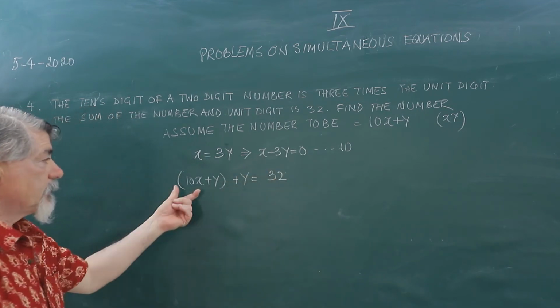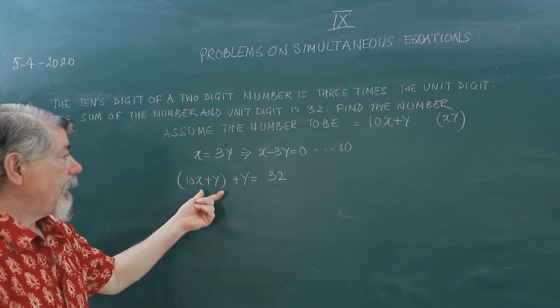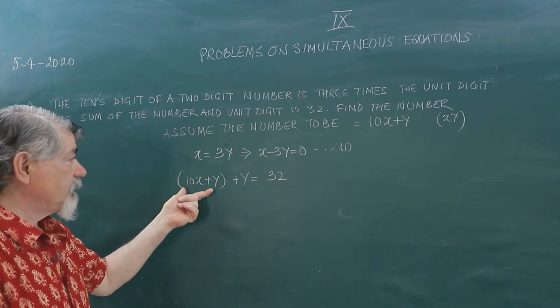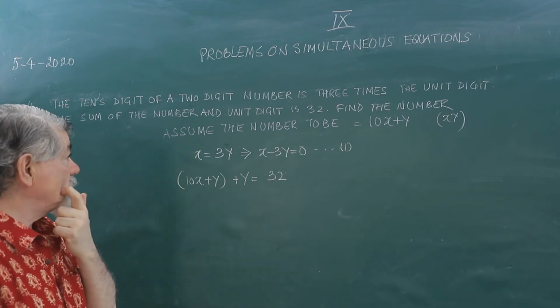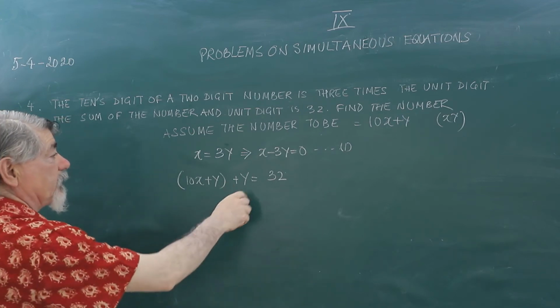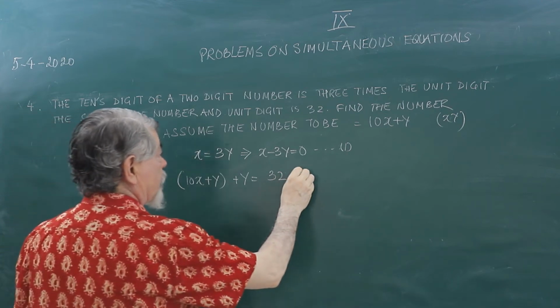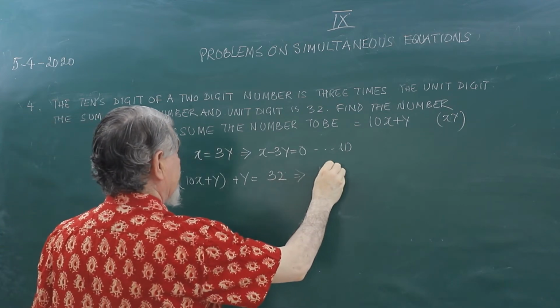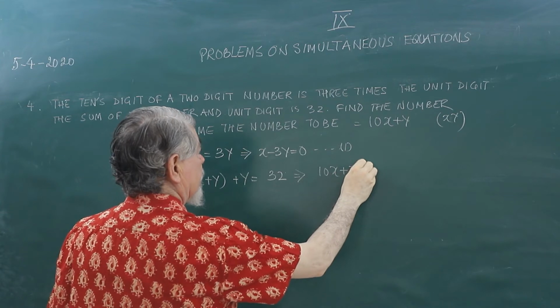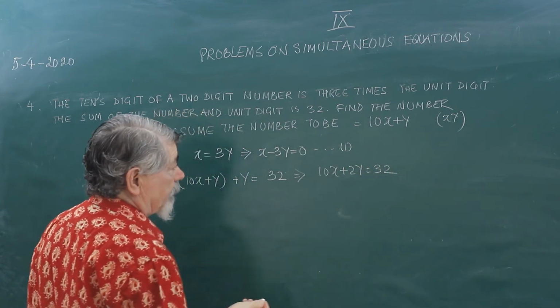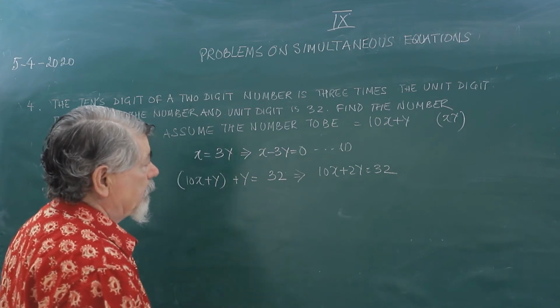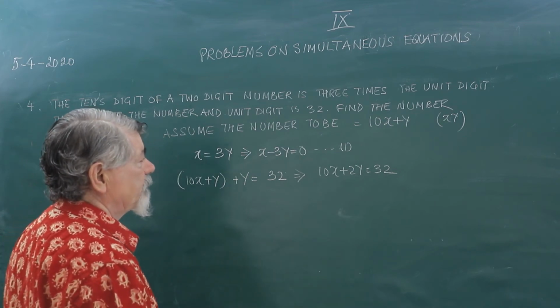The sum of the original 2-digit number plus its unit digit is equal to 32. If I solve it, it means 10x plus 2y is equal to 32.